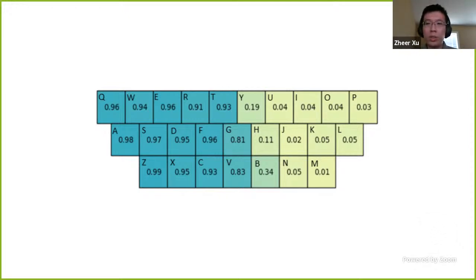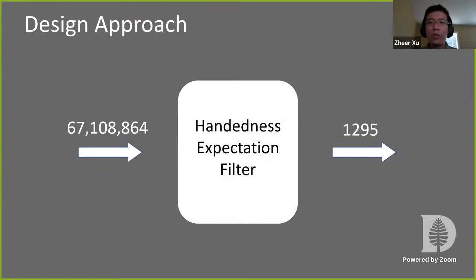We used this result as a filter to get rid of layouts that greatly disobey users' handedness expectation. After using the filter, candidate layouts are reduced from 67 million to 1,295. Next, we try to find a keyboard that is optimized based on performance.